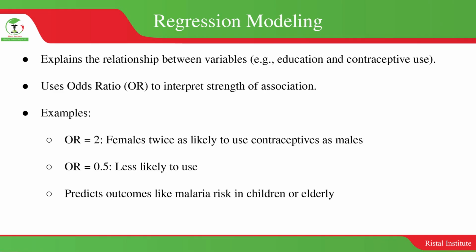For example, if you did regression modeling on malaria death, you should be able to ascertain the risk at which either younger people, youth, children or elderly people can succumb to malaria. So we want to look at the approaches to probability. That was a brief into the aspect of statistical inferences.